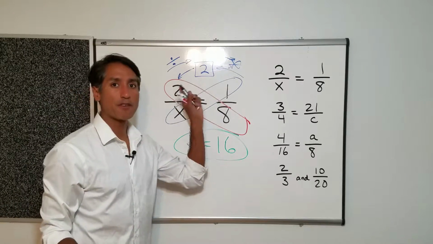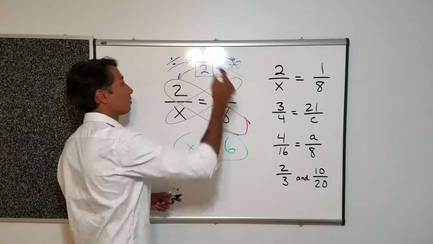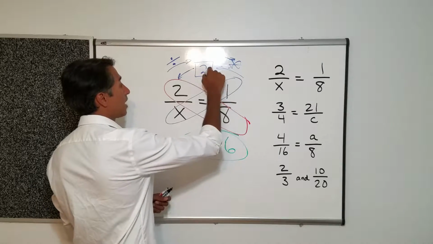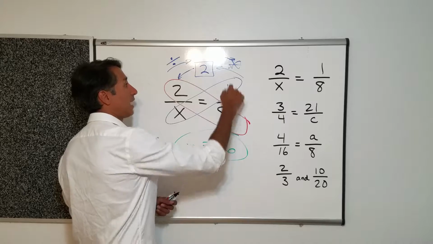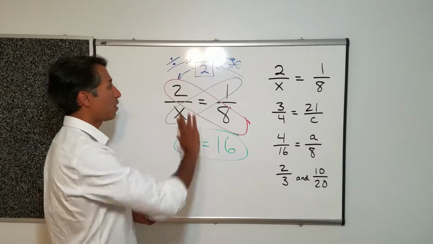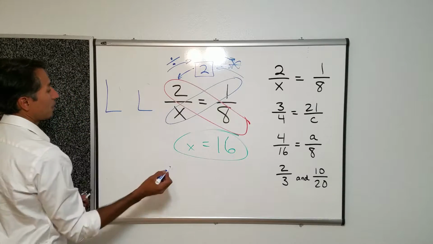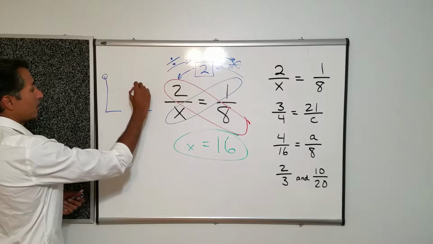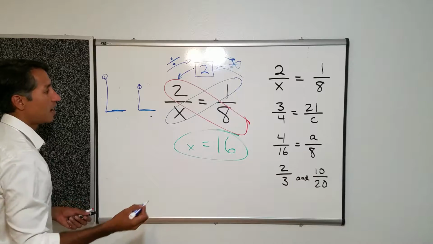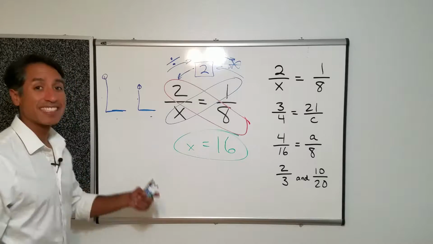It's a very handy way for working on these, and I even tell my students to draw the arrows right in the multiplication and division signs, because that reminds you that if I multiply 1 times 2 to get 2, I need to multiply 8 times 2 to get 16. This works very well for scale factor problems, like comparing the height of a tree to its shadow. I have other lessons where I do that, and I don't want to get too off topic, but it's the same thing.